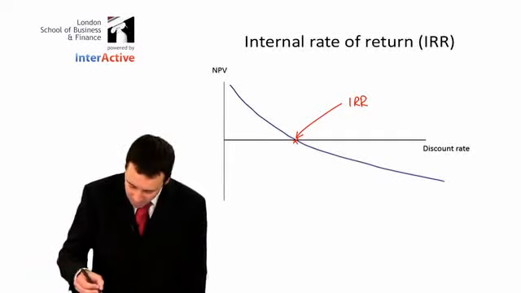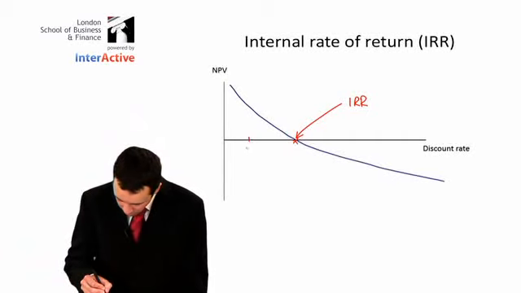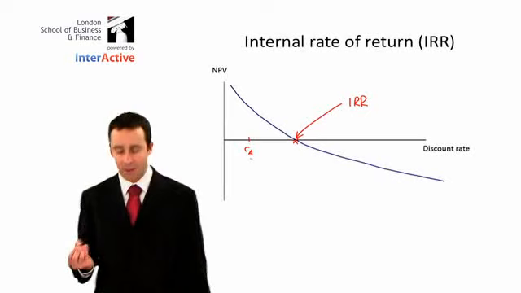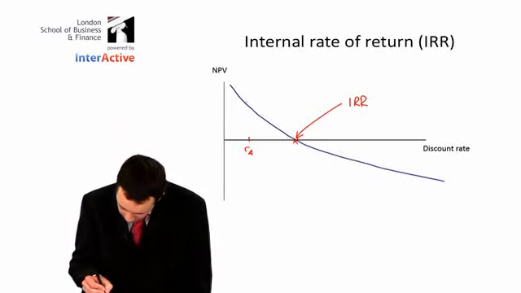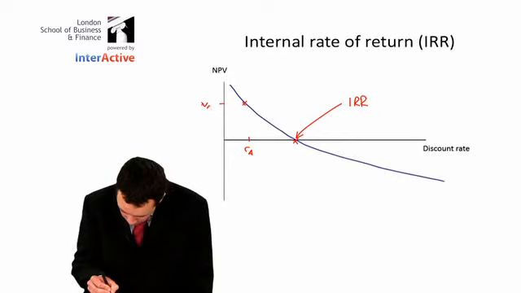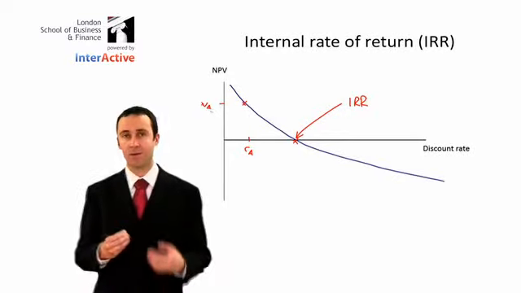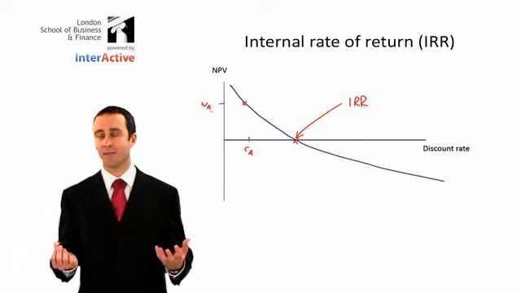So let's call our first guess RA, the first discount rate that we've made a guess at, which gives us a net present value at point A, so NPV-A.